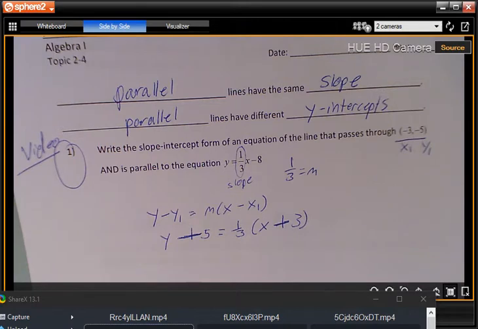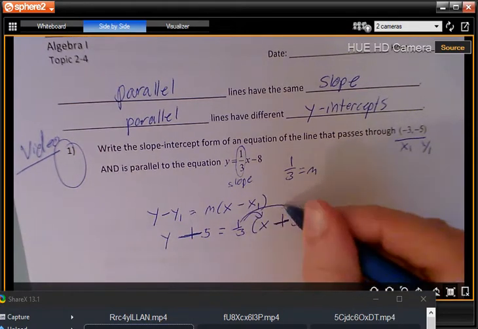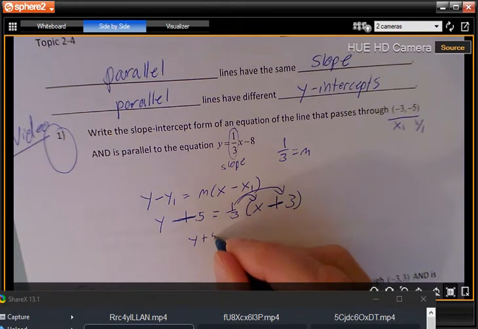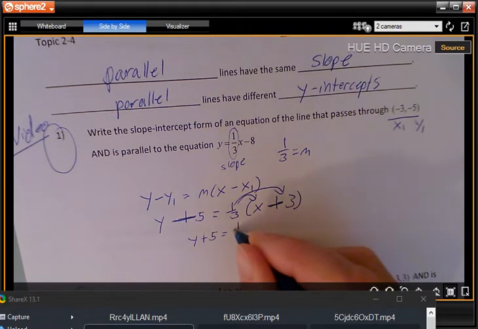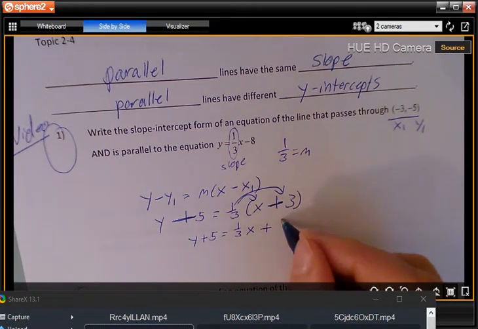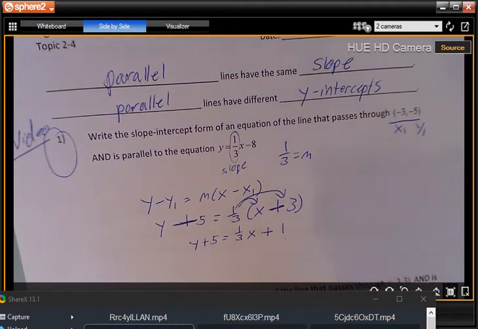To do slope-intercept form, first I'm going to distribute, and then I'm going to get y all by itself on that side. So I'm going to distribute my 1/3, and I'm going to get y plus 5 equals 1/3 x plus 1. 1/3 times 3 is just 1. Now I'm going to get y by itself.